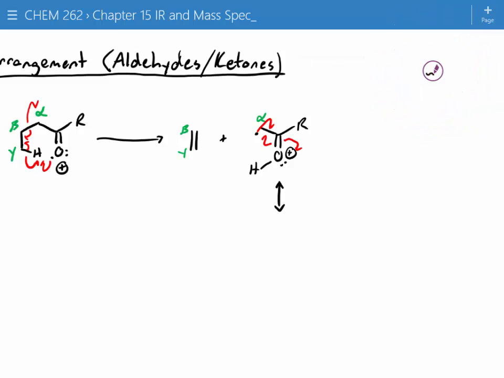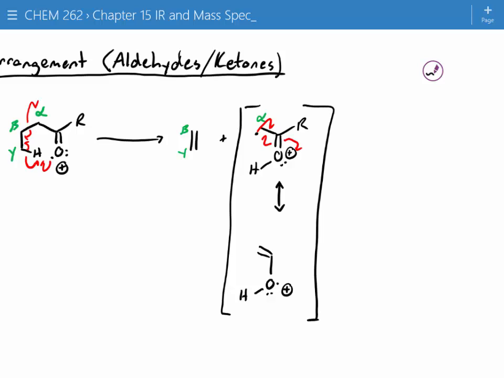So if we do this, we now have a new double bond. We've got a single bond from that carbon to oxygen. Now the carbocation is on the oxygen. So the reason, forgot my R group. The reason that this carbocation is so stable is because we've got resonance delocalization on it.